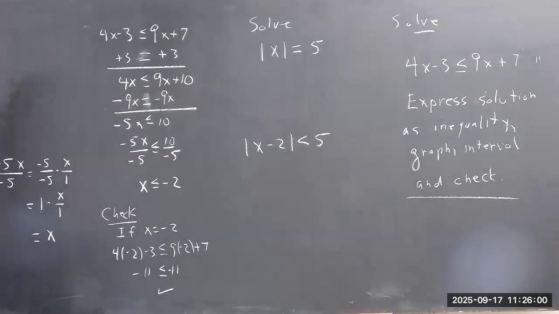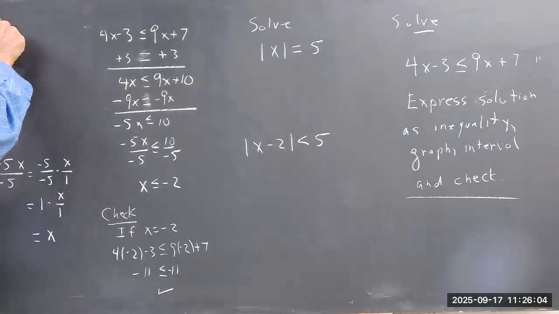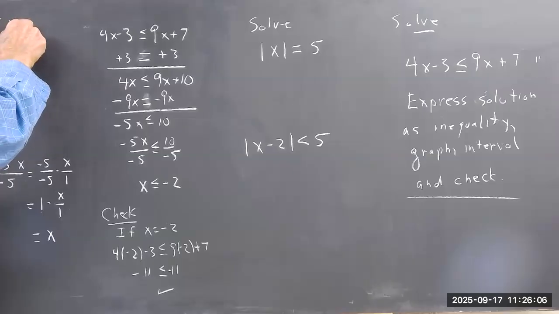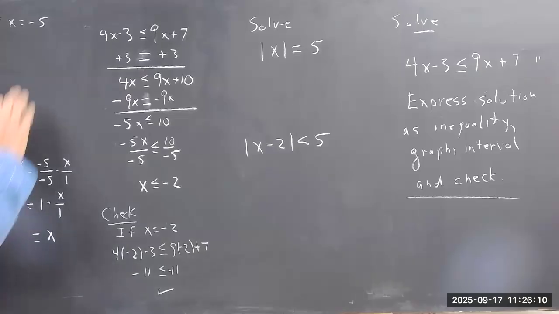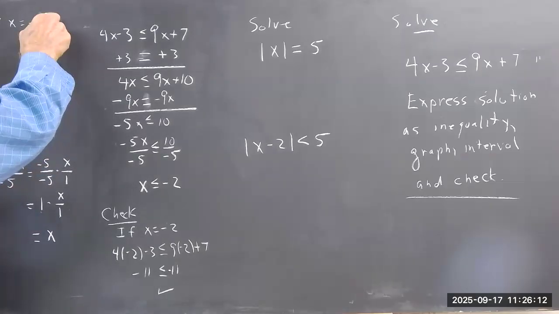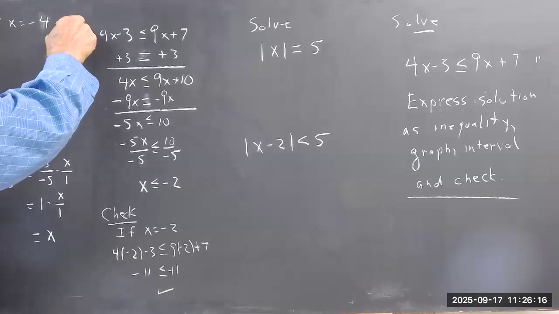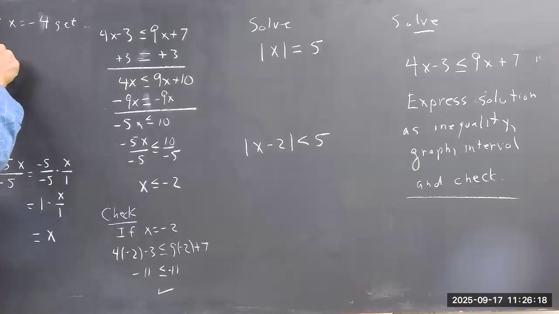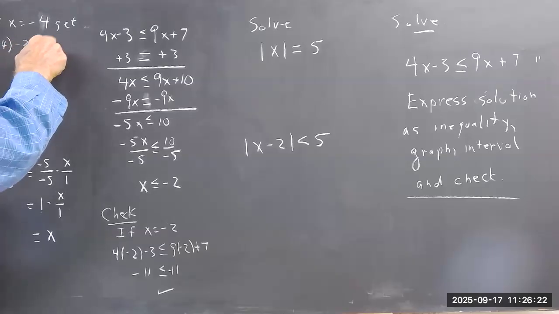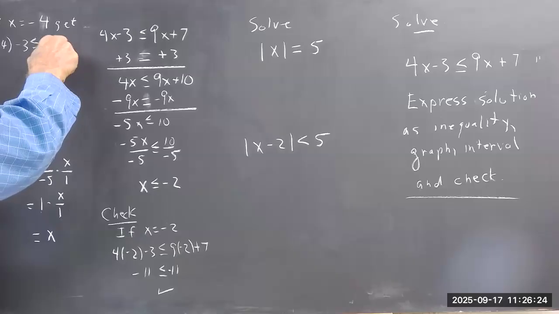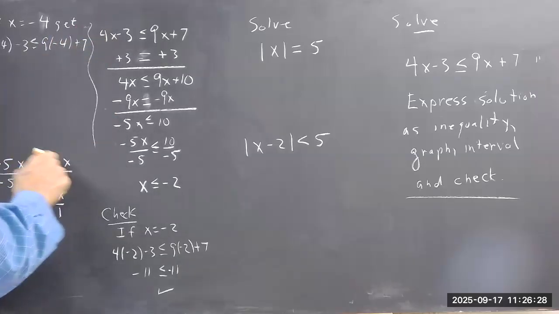Okay. Now we check. Let's just let x equal, I don't want to use 5 because I had that there. Let's say x is -4. We get 4 times -4 minus 3 less than or equal to 9 times -4 plus 7.